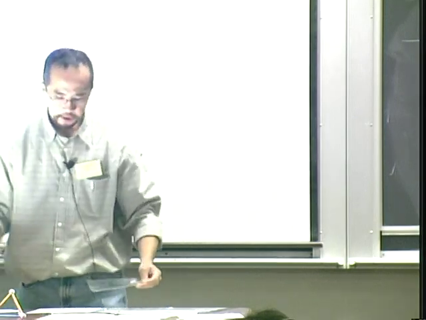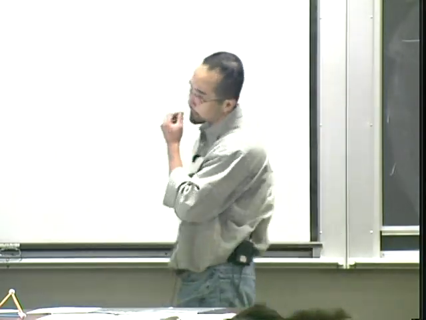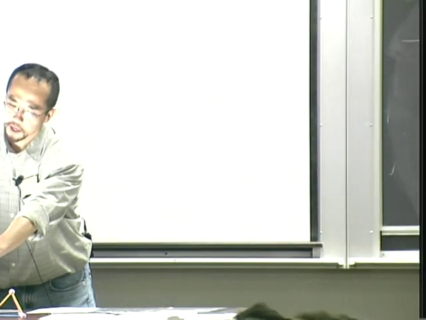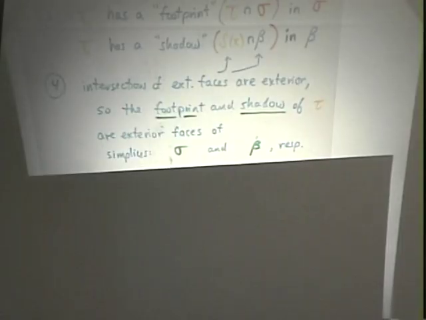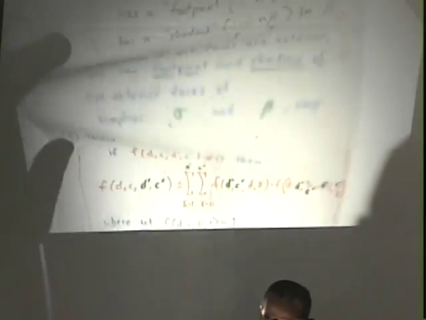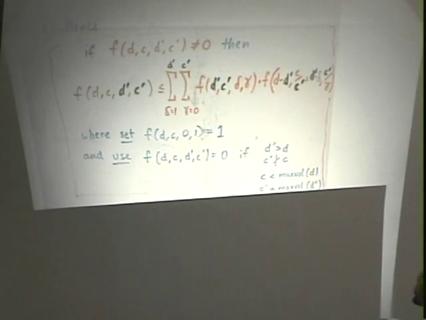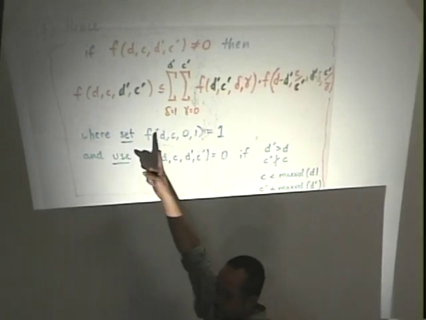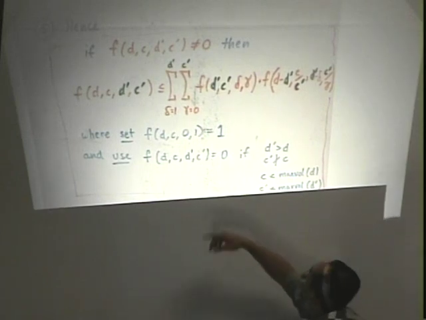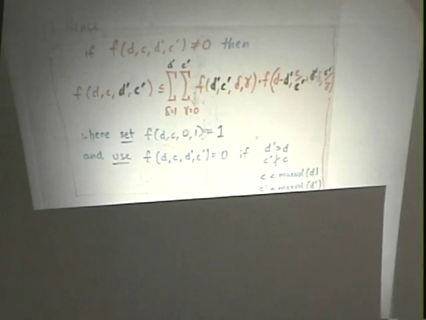So every exterior face has a footprint and a shadow. And now if I want to count the exterior faces, I'll just note that exterior faces of exterior faces are exterior. And then you can get a nice recursion relation. And I won't go into the details here except to say that the recursion is just saying that if I want to count the number of exterior faces a simplex can have, I'll look at all the possible ways it can have footprints and shadows.